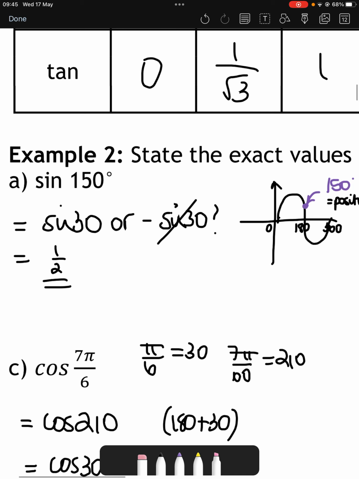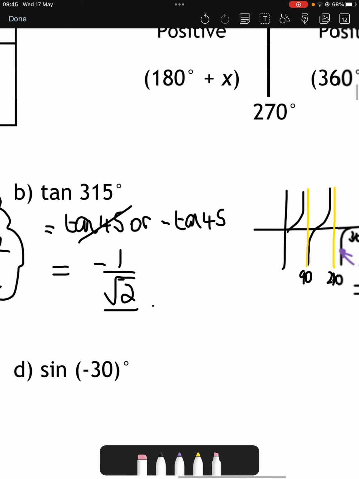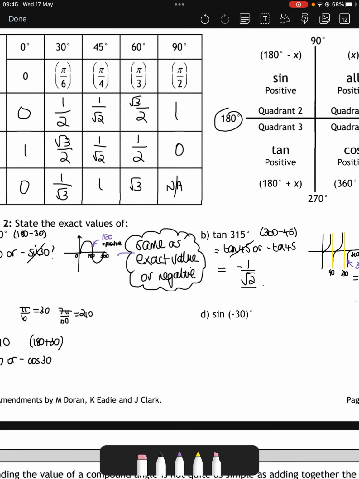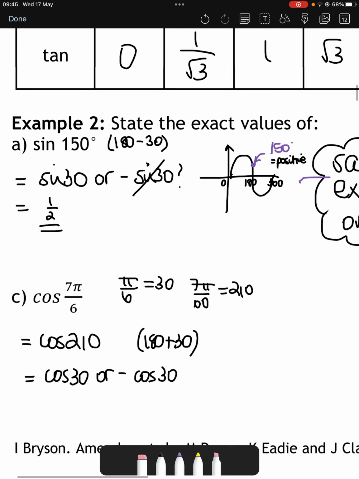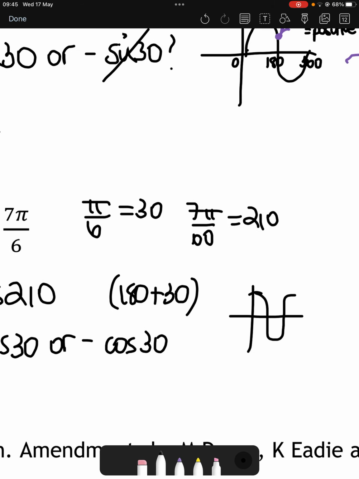I'll put them in on these ones as well. So it's always using 0, 180 or 360. Now your teacher might do this in a slightly different way, so obviously you can just ignore me if they think their way makes more sense. Right, so the cos graph looks like this. I'm saying where is 210?